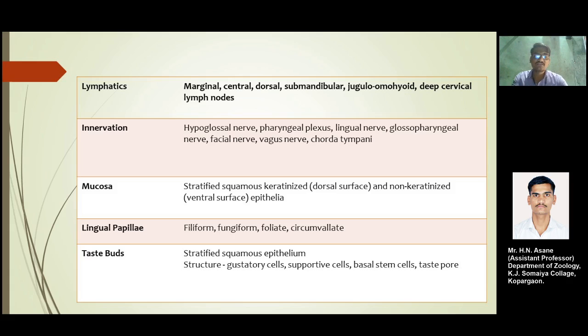The stratified squamous epithelium is going to form the taste buds on the tongue. The structures are the gustatory cells, the supportive cells, and basal stem cells at the taste pore. And they are going to sense the taste of the particular substance we are consuming.